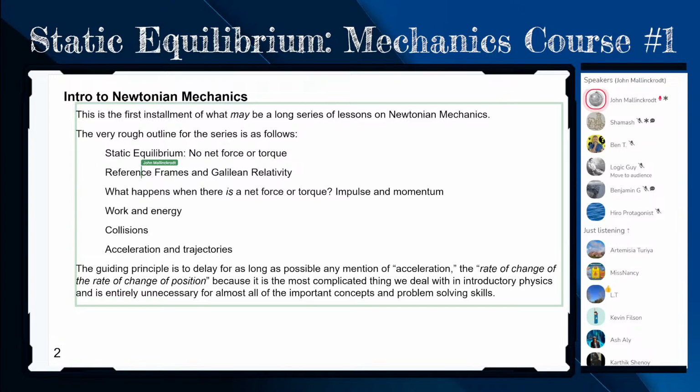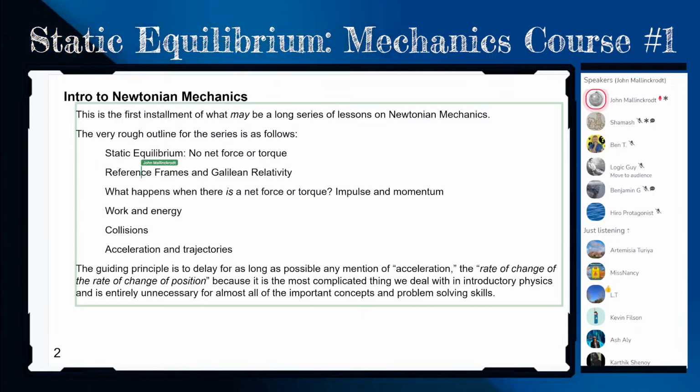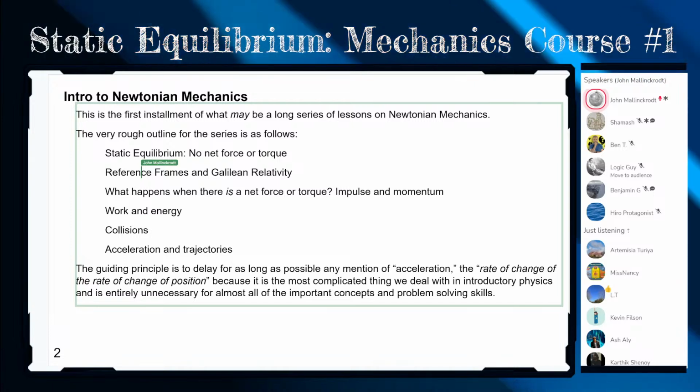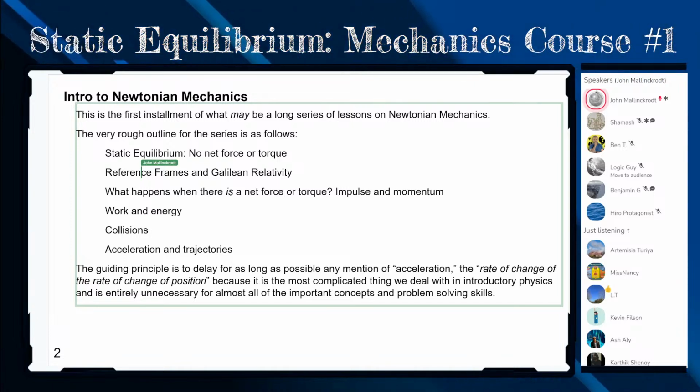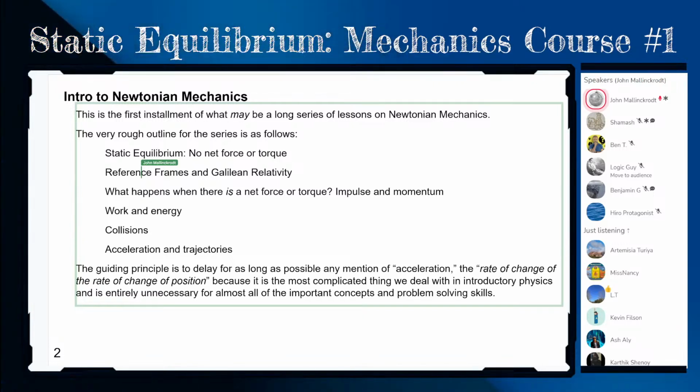As we'll see from Newton's first law, when an object has no net force or torque on it, then whatever it's doing, it doesn't change what it's doing. That's the key. Then we'll talk about what happens when there is a net force or torque. If there is a net force or torque, things do change. So we'll talk about the concepts of impulse and momentum.